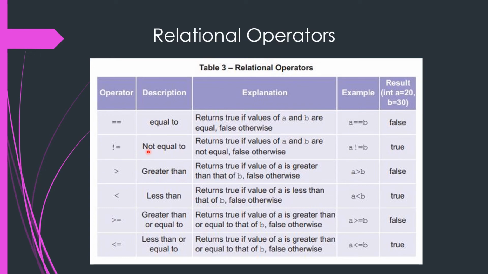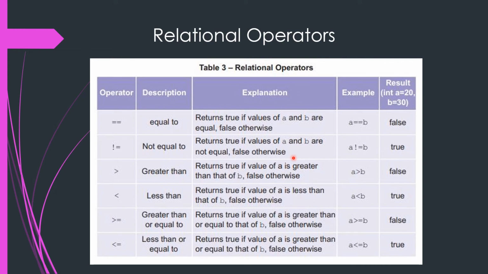Then is not equal to. In computer language, we generally denote not equal to by these two symbols, exclamation mark and then equal to. Together they denote not equal to. It returns true if the values of a and b are not equal, false otherwise.